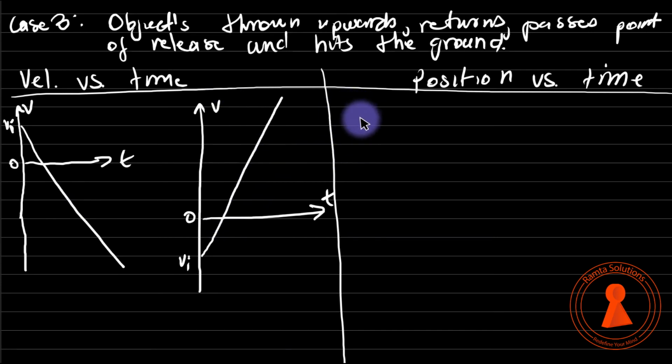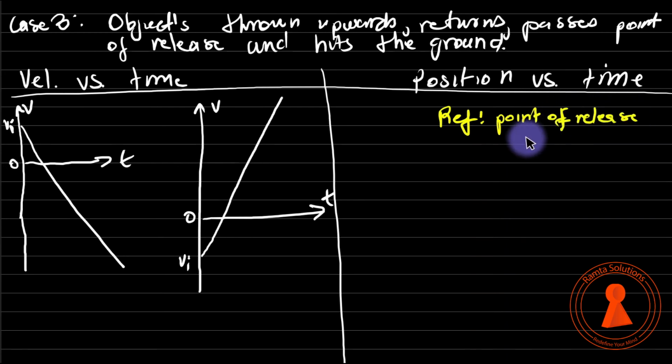Now let's look at the position versus time. I will begin with your reference being point of release. I'm saying point of release because I want you to consider whatever point, as long as you are above the ground. So it'll look like this, okay?